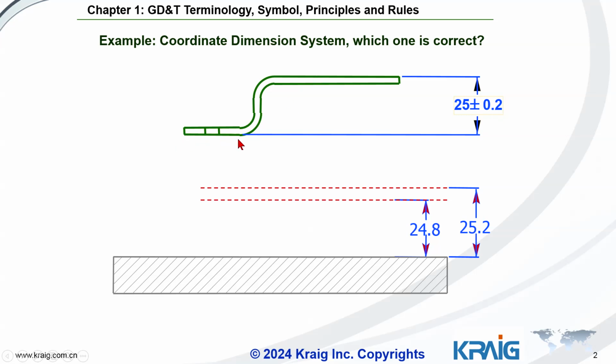Short side as datum or longer side as a datum, we don't know. So if you use a different side as a datum to measure this distance, you will get a different result. So this joint we are supposed to change to the profile as we mentioned.